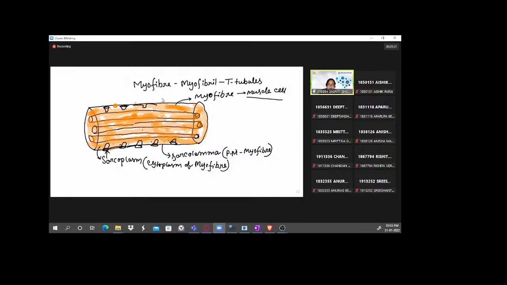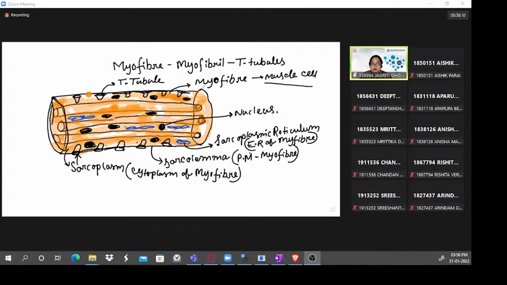Let us just recapitulate the entire thing. This is a diagram of a myofiber, which is also called a muscle cell.